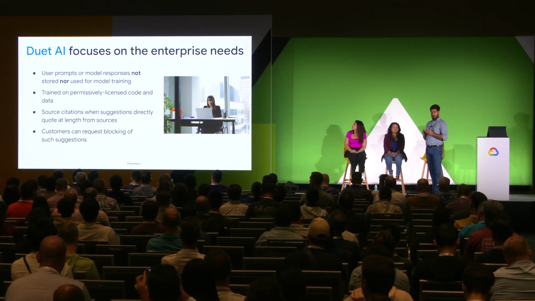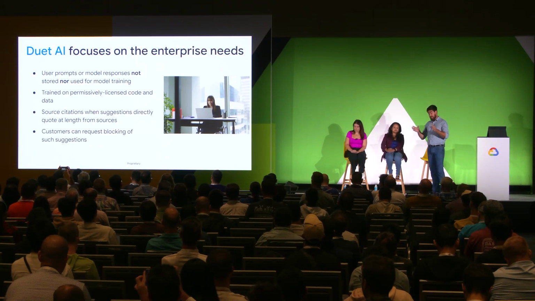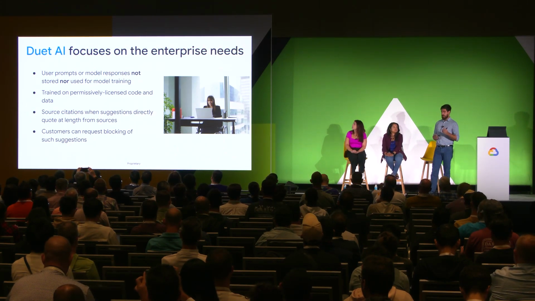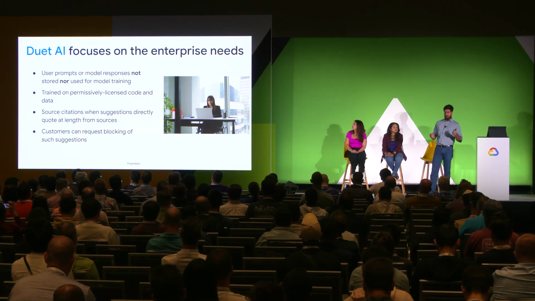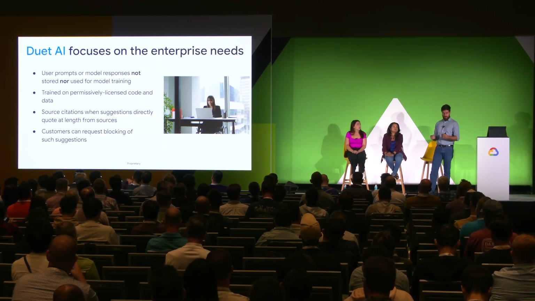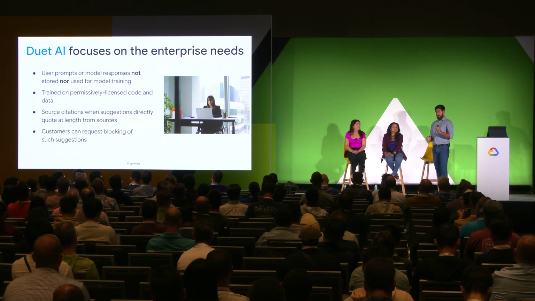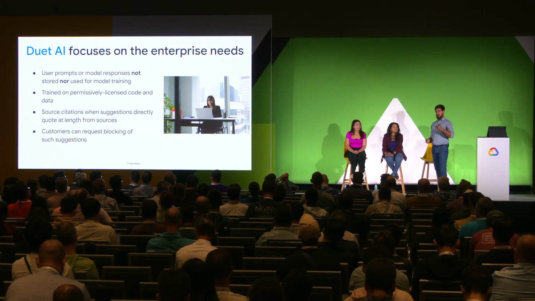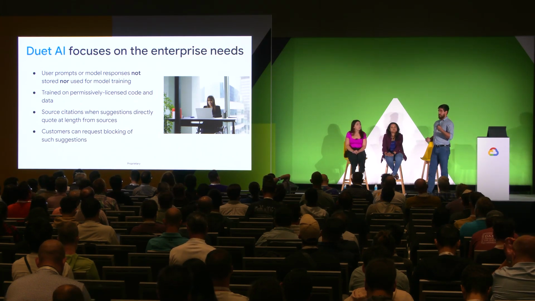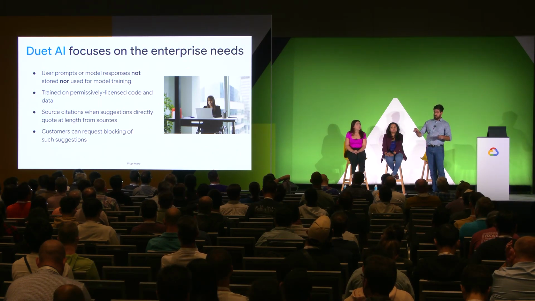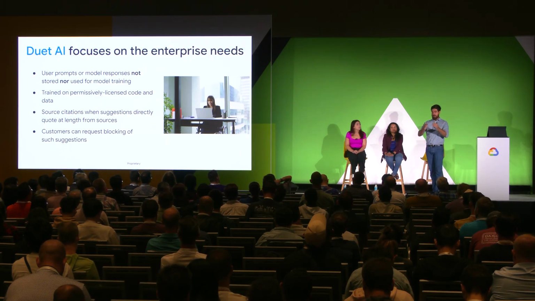Next one here is that the training data set used for Duet uses only permissively licensed code. Essentially, we try to carve non-permissive license code, commercial license code, out of Duet. On top of that, we also have a post-processing step: anytime Duet provides a suggestion, if said suggestion cites code at length from our sources, we flag that on the IDE, saying you have a citation here.